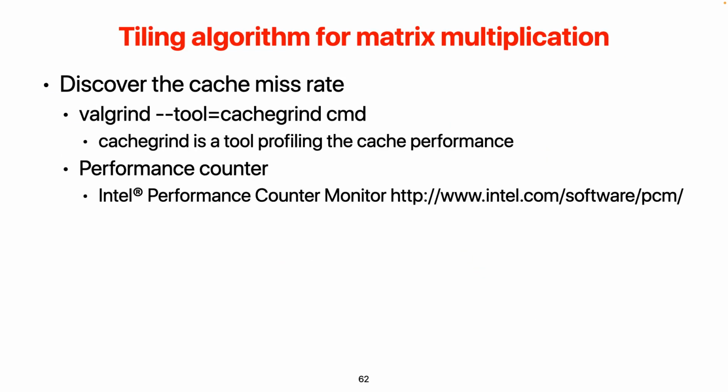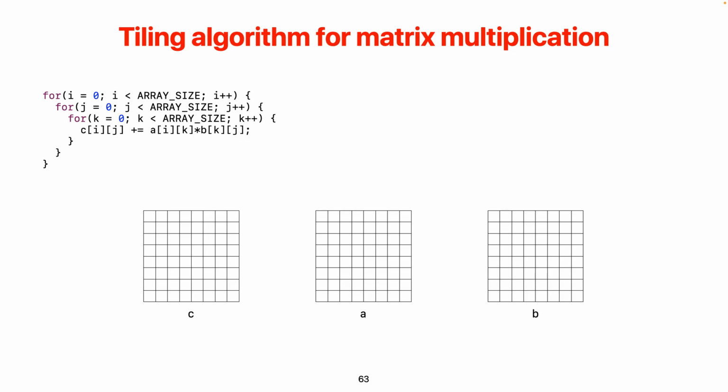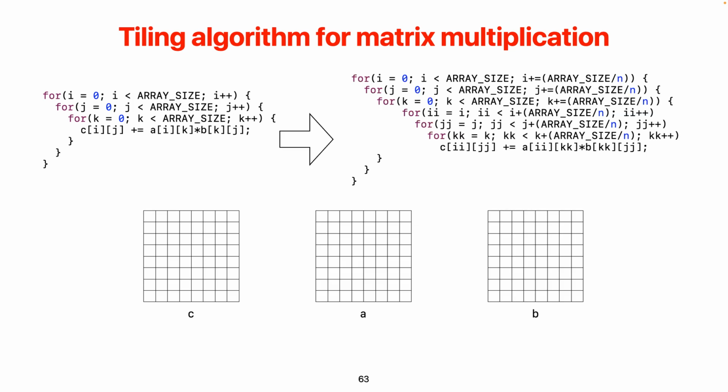So let's take a look at another algorithm which your textbook already showed you, and we are actually asking you to practice this as your assignment, the tiling algorithm. So here's a tiling algorithm. Oh, wow, right? It's very complex. It has a lot of loops, and it's hard to read.